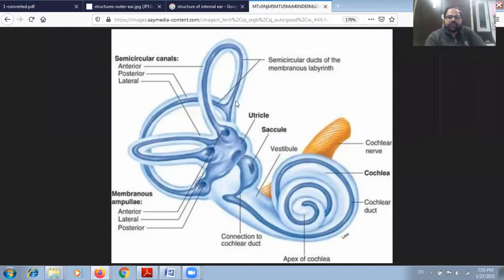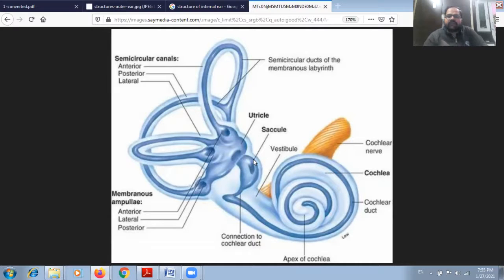We can see here one semicircular canal, another semicircular canal, and this one is the third. All these three semicircular canals are attached with this structure, and this structure is again divided into two parts, utriculus and sacculus.